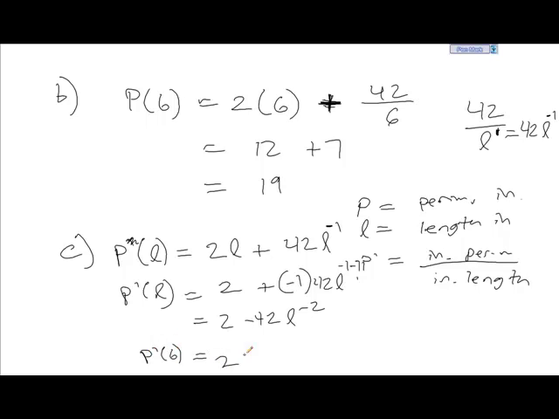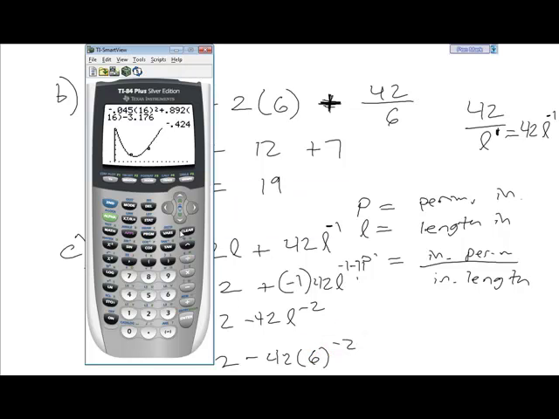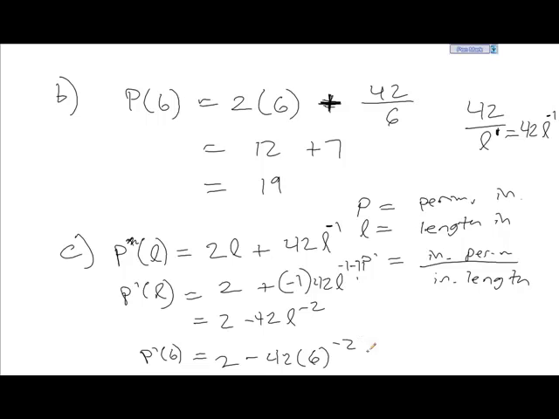So I basically just plug in 6 for L, and I have to raise that to the negative 2 power, so I'll let my calculator do that for me. 2 minus 42 times 6 caret negative 2, and that gives me about 0.83. So what does this mean?